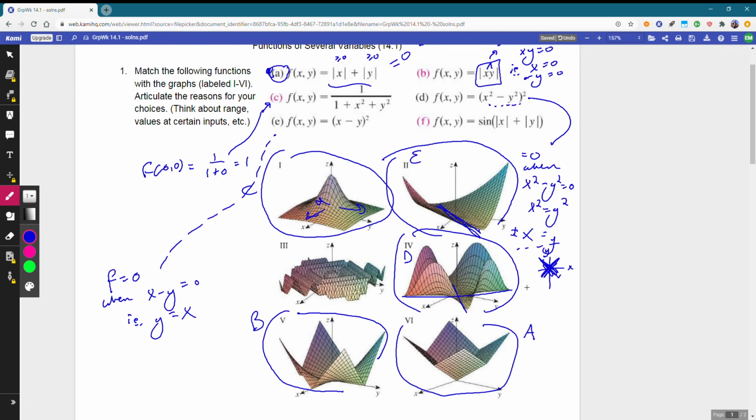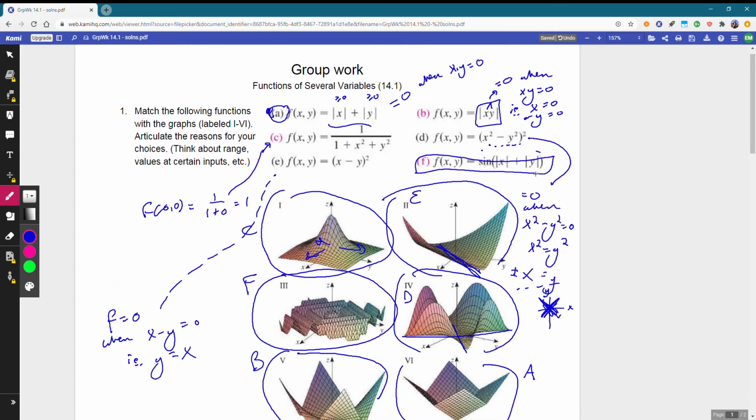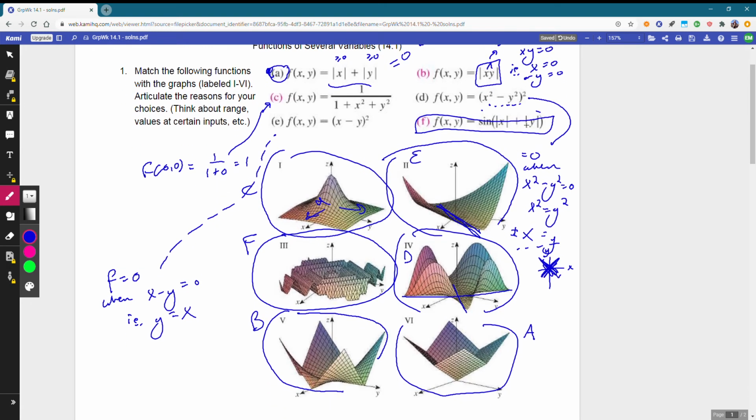So last but not least, F is this weird sine function. Not too surprising, right? We should see some oscillations going on, and we do indeed at 3. Interestingly, our function F takes our function A down here and tosses those outputs into the sine function, right?